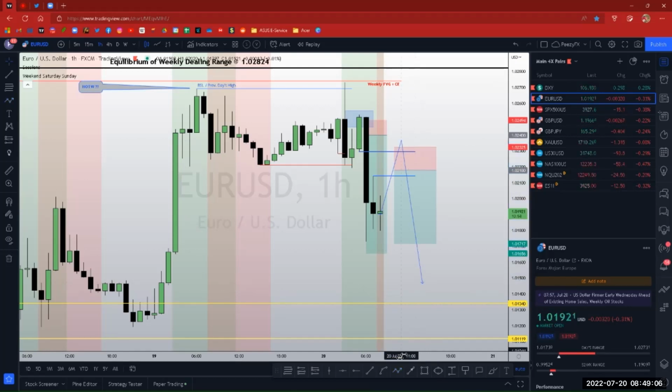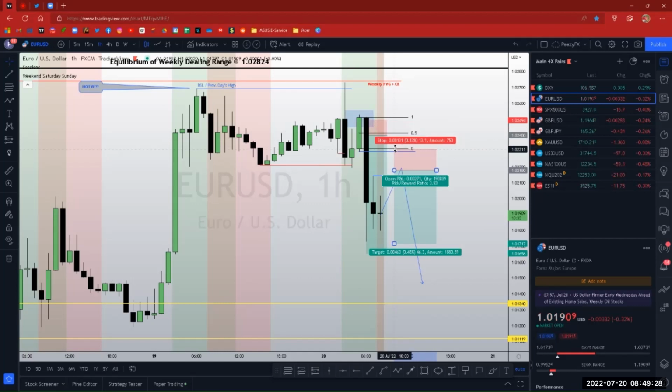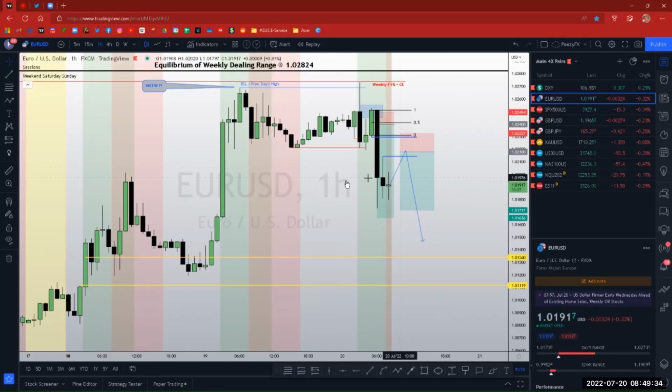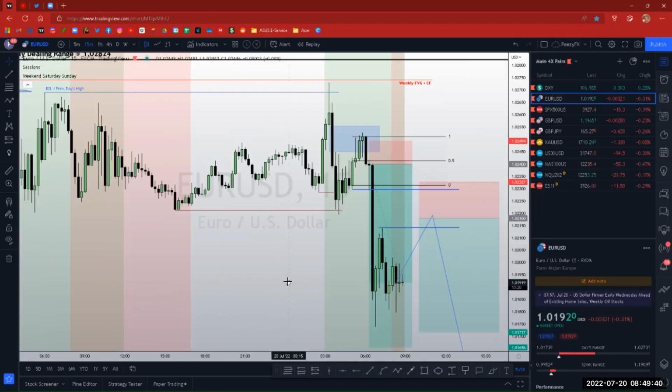If it goes anywhere above 50% of this order block, I'm not messing with it. I'll get out of the trade. So basically what I'm saying is your stop loss should be right up above this area if price decides to dig up into this order block, but I don't think it will. I think your stop loss will be safe right up above this imbalance. It might not even go back up there, period, but it's a possibility.